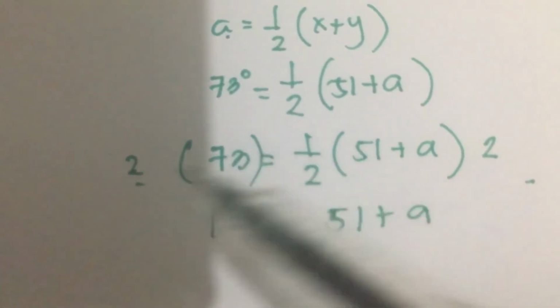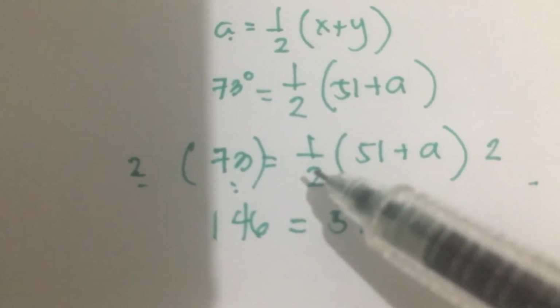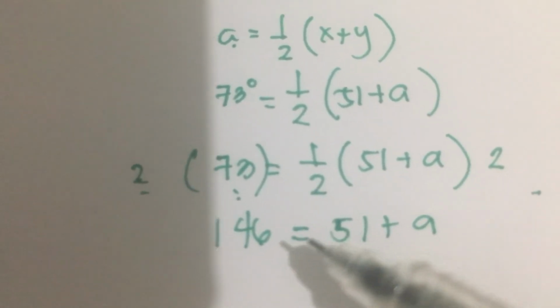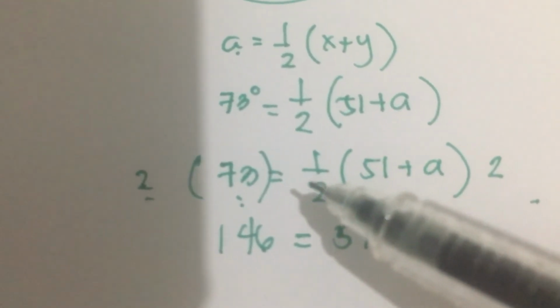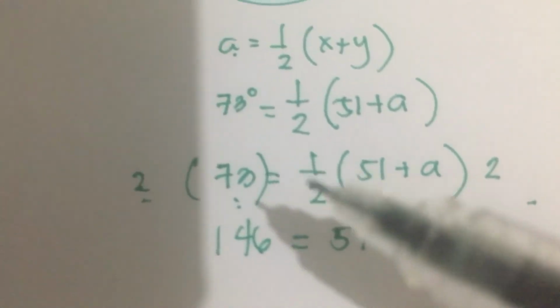Why 2? Because if you multiply 2 and 1/2, that is equal to 1. That is what you call a multiplicative inverse, wherein the product will always be equal to 1.